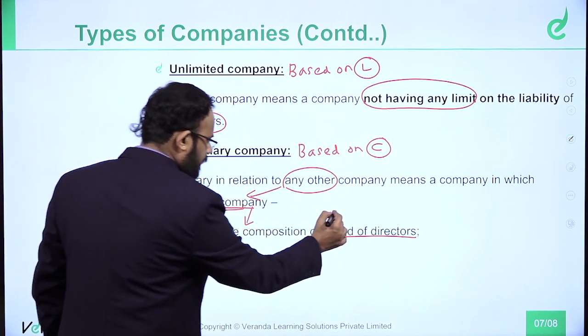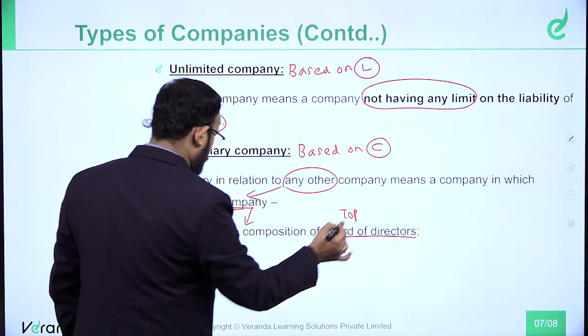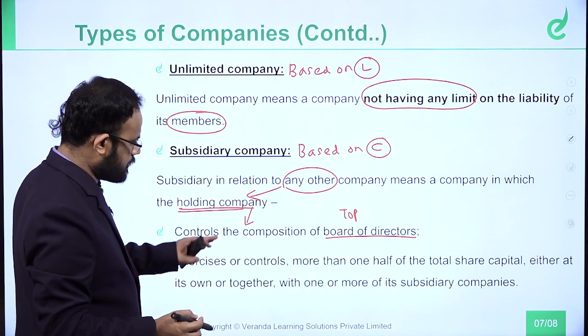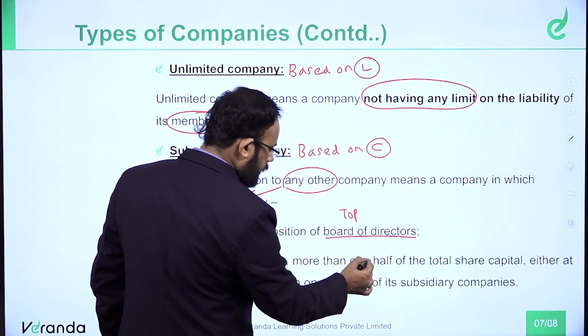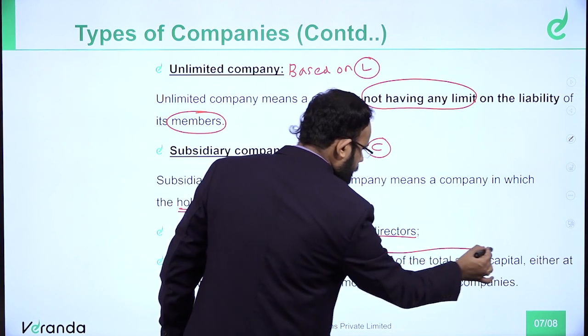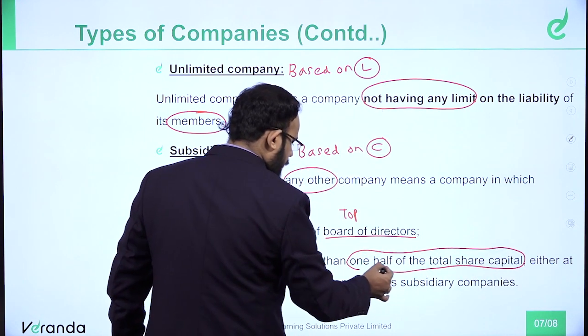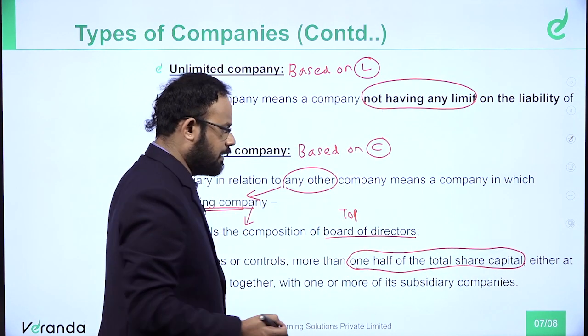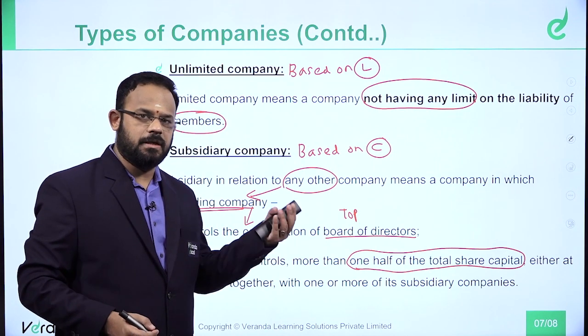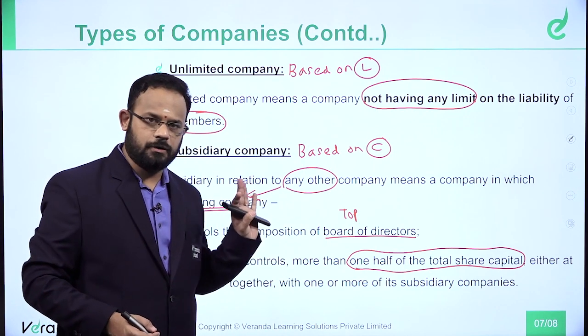You know they are the top level management, correct? So, the point number 2, exercises or controls more than 1/2 of the total share capital. What did I tell you when I was talking about associate company? Significant influence means it is not voting power; now they have brought in share capital.